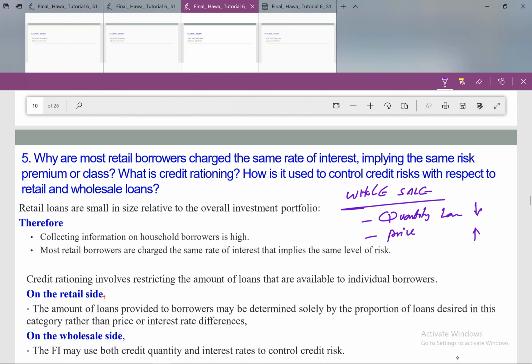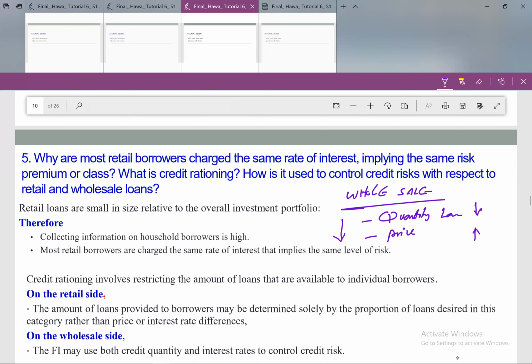We can give the first loan 12%, the second loan 14%, 12% for the machine, 14% for the inventory, 16% for the working capital, and we continue. So these borrowers will decrease the quantity of loans, and I can control the quantity of loans and the risk.